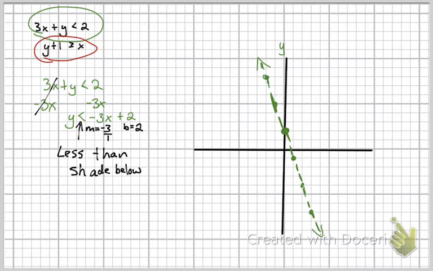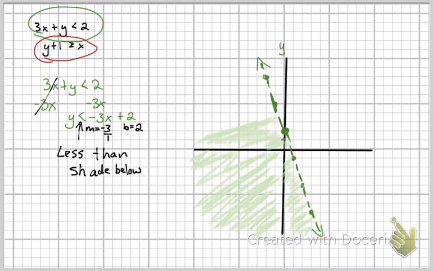I'm going to start maybe one point directly beneath the line and just start shading in that section. You can see this entire under area of the graph. All of these x and y coordinates would be considered a solution to this first inequality, y is less than negative 3x plus 2.